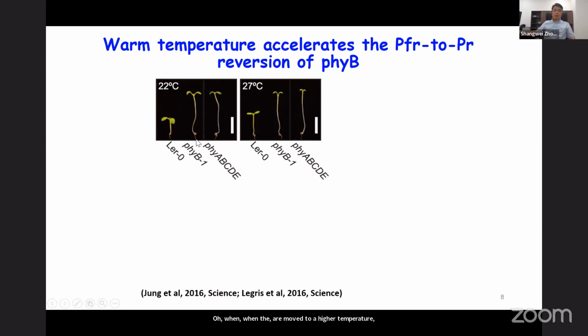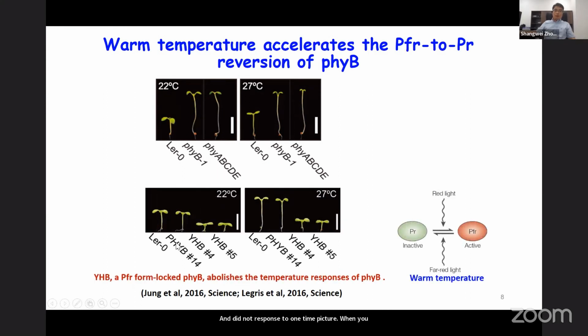In the phyB mutant, the hypocotyl elongation is constitutively activated and does not respond to warm temperature. When you transfer the wild type phyB into the phyB mutant, the wild type phyB can restore these defects of the phyB mutant and respond to temperature similar to that of wild type.